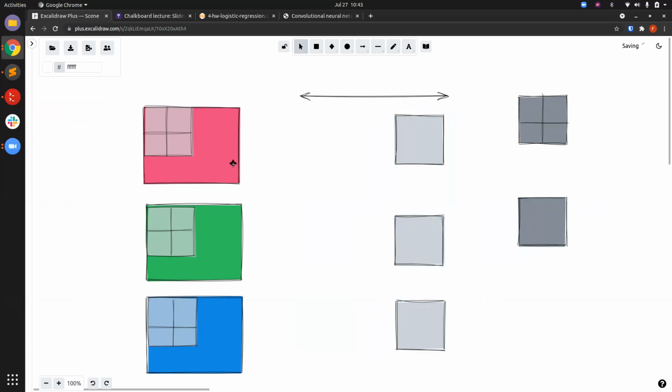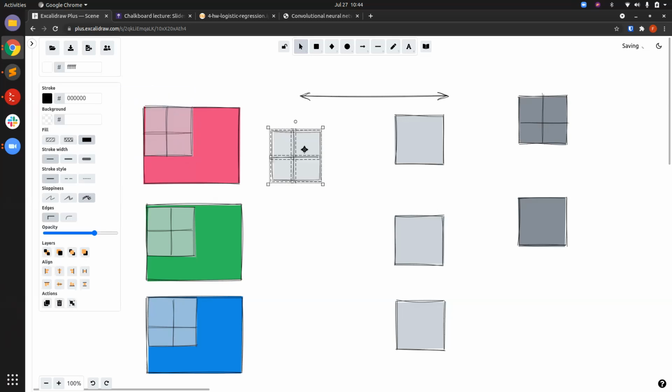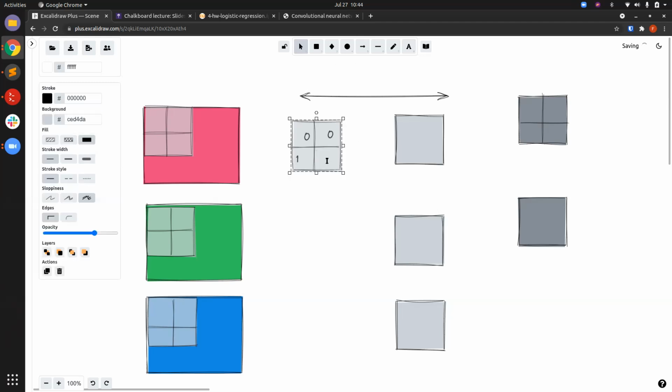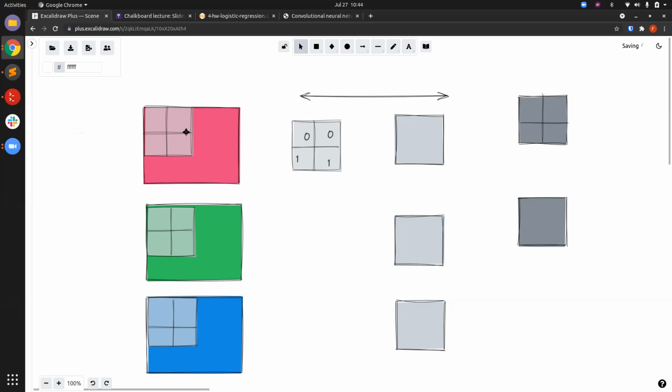Okay. Now, when I place the filters on this particular position in the image, I'm going to compute a kind of dot product. What does that mean? Let's say at this point in time, I'm going to redraw this here. The weights in the filter are 0, 0, 1, and 1. And maybe the input from the underlying image is 9, 5, 3, 0.